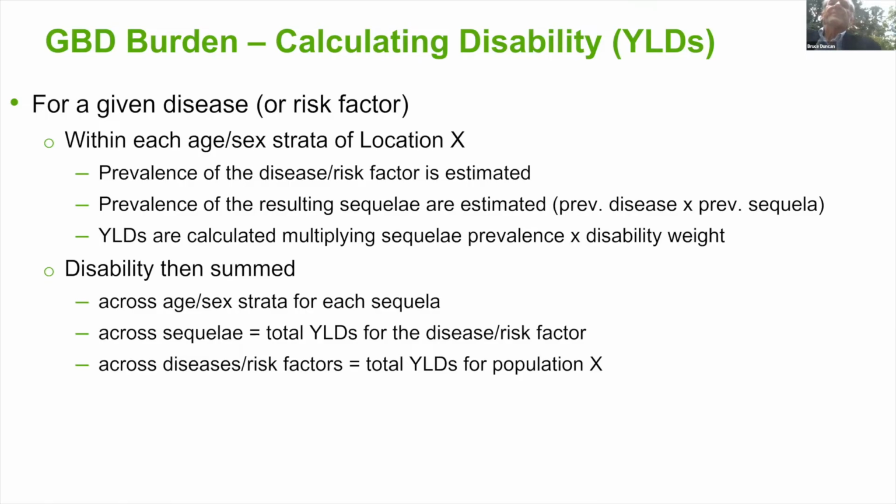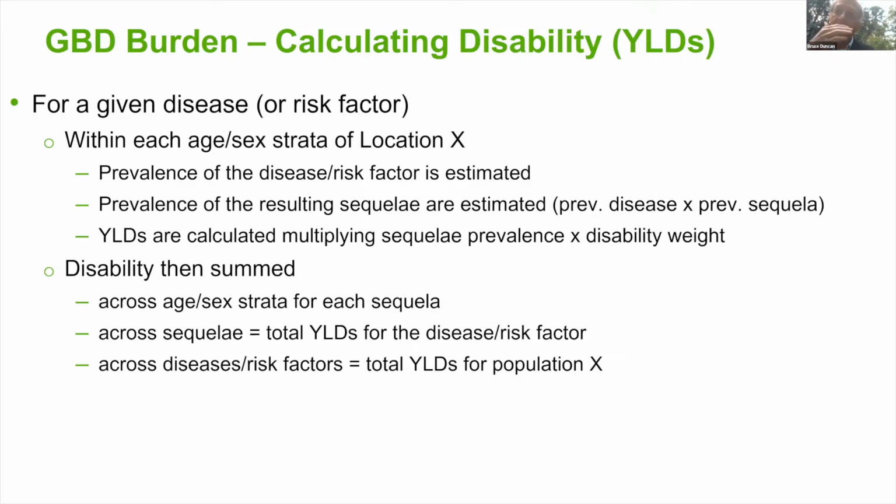Then the disabilities are summed. So if we're talking about vision loss here, the vision loss due to diabetic retinopathy is summed across all of the age sex strata to get the sum of this sequela in terms of YLDs for the population.